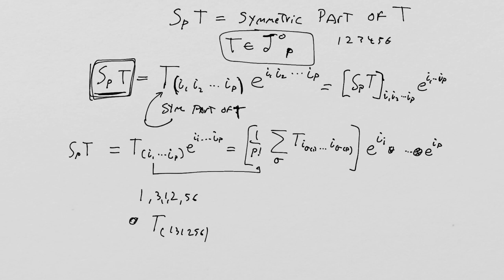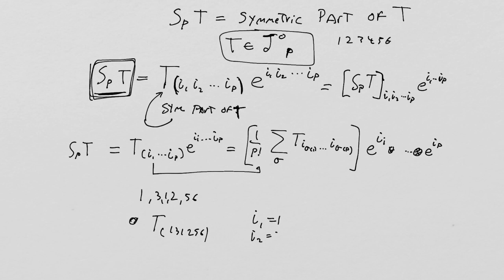Notice this isn't a form, so we can duplicate indices here because it's just a member of the tensor product space. This is the one I'm interested in. Now I'm going to shuffle these over every possible permutation. So the first one, I sub 1 equals 1.